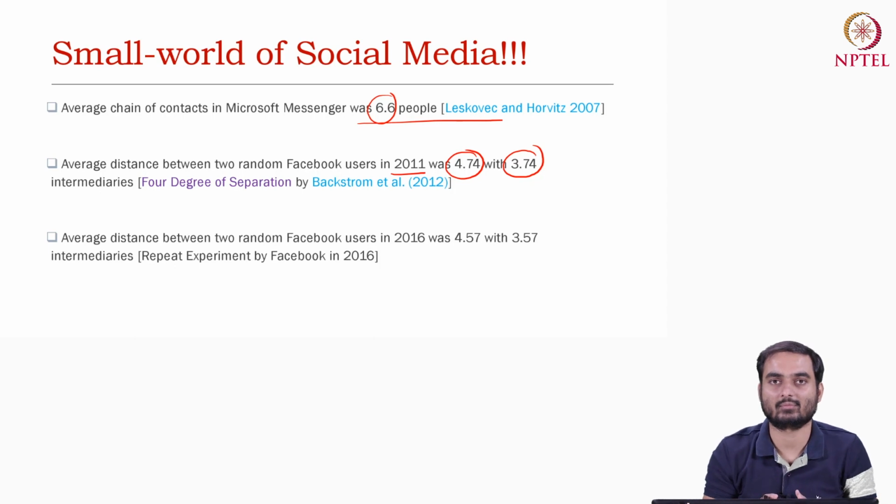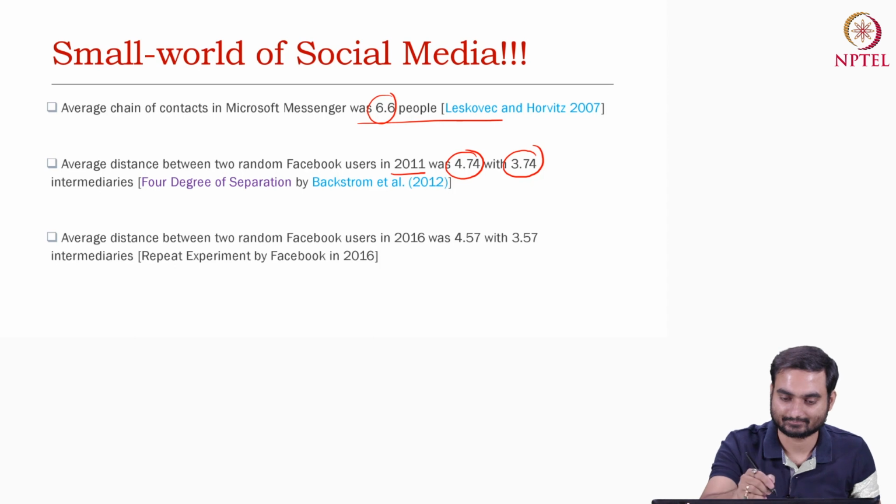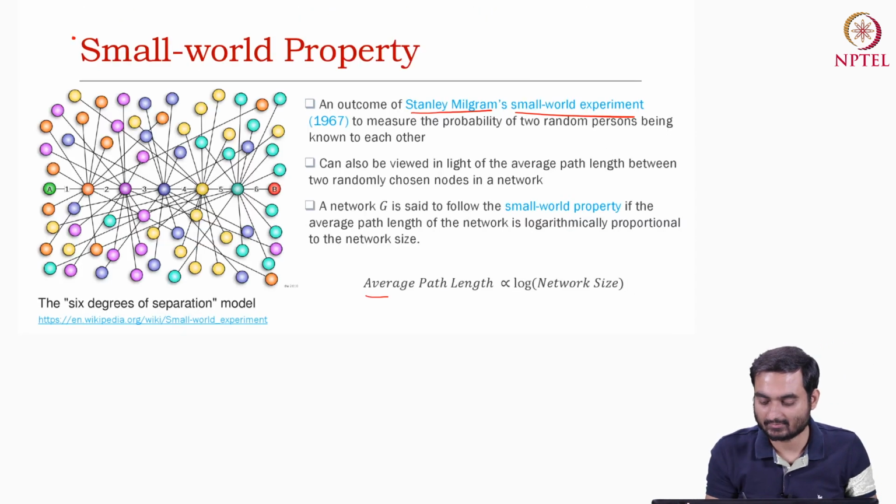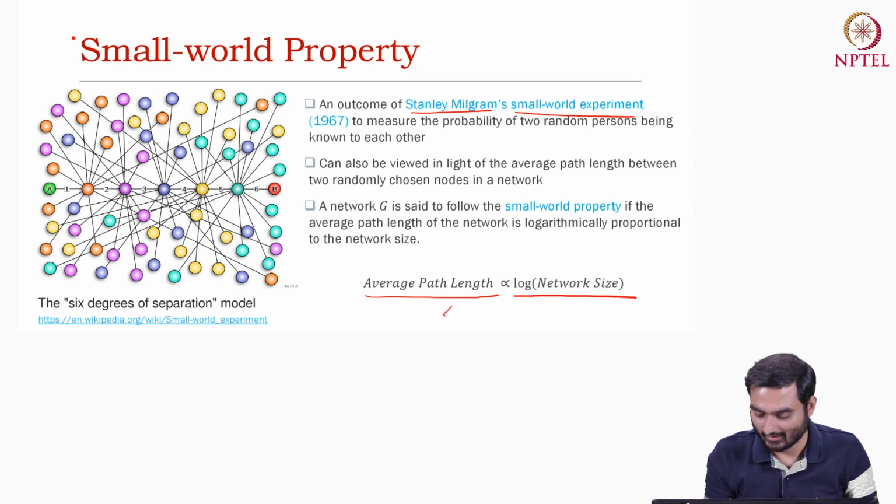So this small world phenomenon is very famous, and it basically says that the average path length of any pair of nodes in the network should be proportional to the log of the size of the network. The average path length is denoted by |L|.